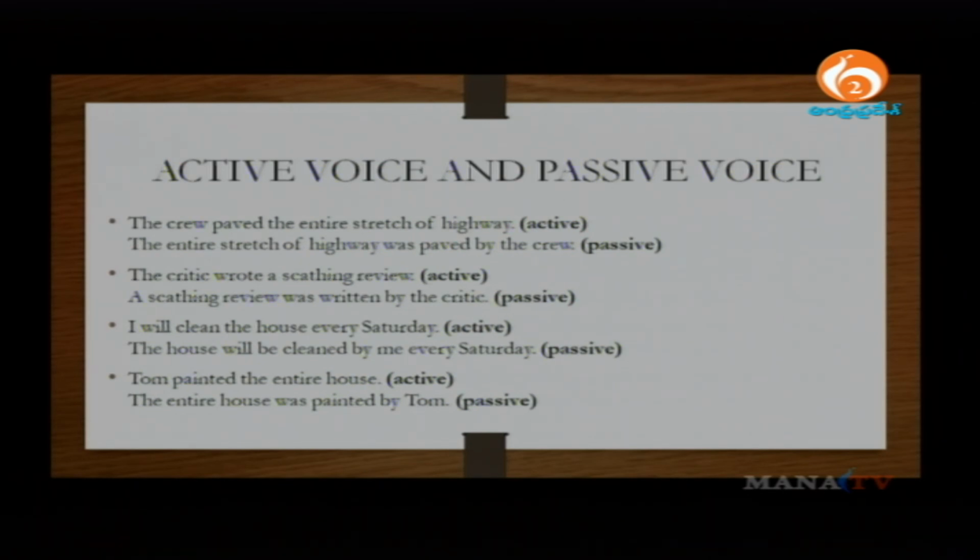I will clean the house every Saturday. Active voice. The house will be cleaned by me every Saturday. Passive voice.